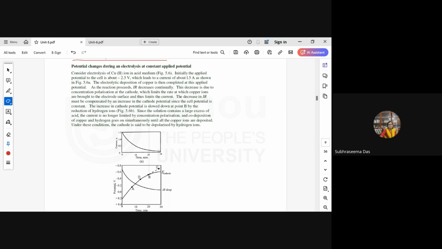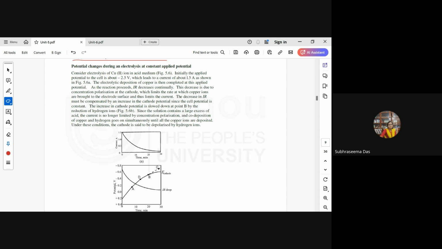The electrolytic deposition of copper is then completed at this applied potential. As the reaction proceeds, the IR decreases continually. This decrease is due to the concentration polarization which we had discussed earlier. The decrease in IR must be compensated by the increase in cathode potential, since the cell potential here is constant.